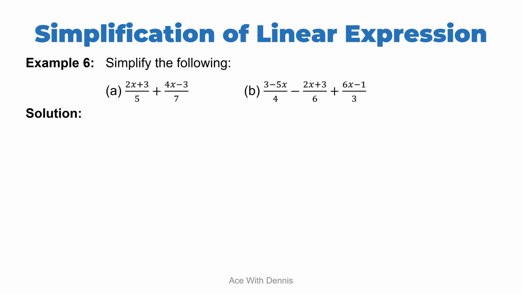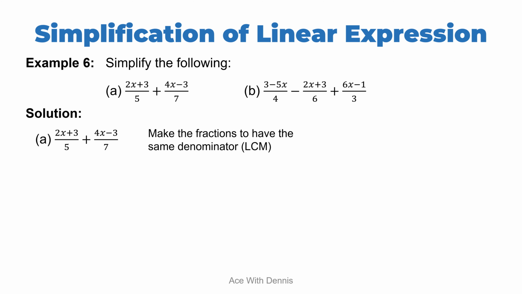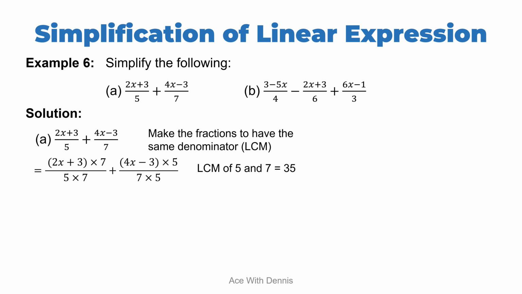Here's the solution. For A, 2x plus 3 over 5 plus 4x minus 3 over 7. We need to make the fractions have the same denominator, which is to find the LCM of 5 and 7. So LCM of 5 and 7 is 35. Therefore, 2x plus 3 times 7 over 5 times 7 plus 4x minus 3 times 5 over 7 times 5.